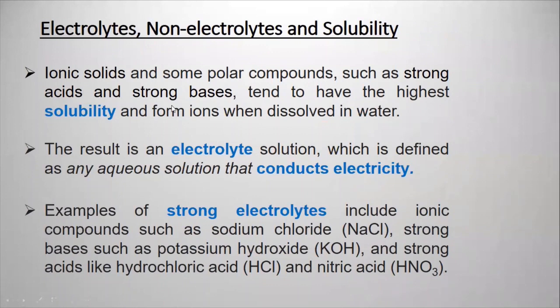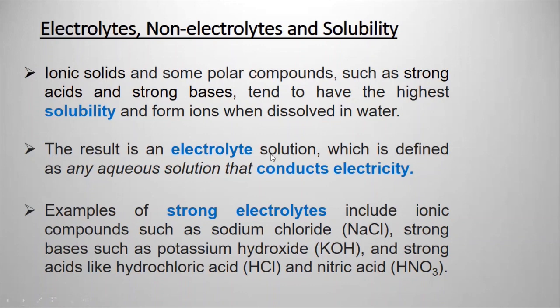So, in general, ionic solids and some polar compounds such as strong acids and strong bases are going to be treated as strong electrolytes. And they're going to have high solubility in water. So strong electrolytes have high solubility in water.